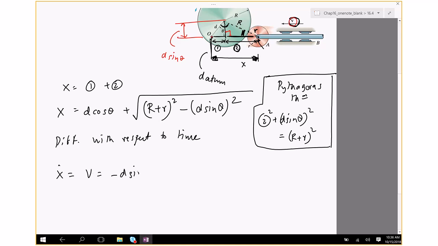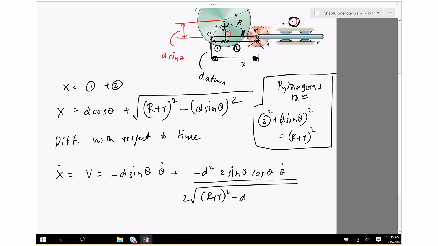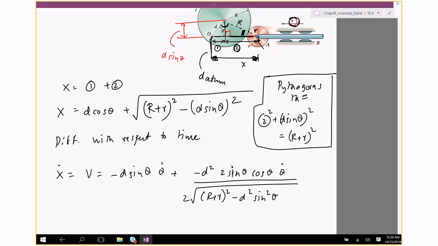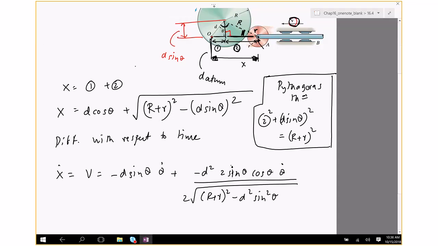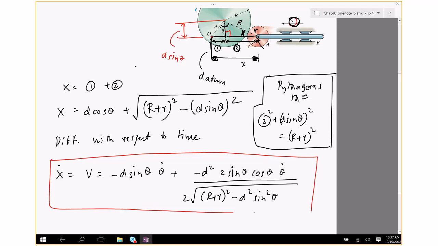I'm going to quickly write this because that's not very important. 2 sine theta cosine theta dot divided by... If you get such a problem, I'll probably give you numeric values, so it's much easier to solve than solving it as a function of different variables. Okay, that's the answer. Is it clear? Questions?